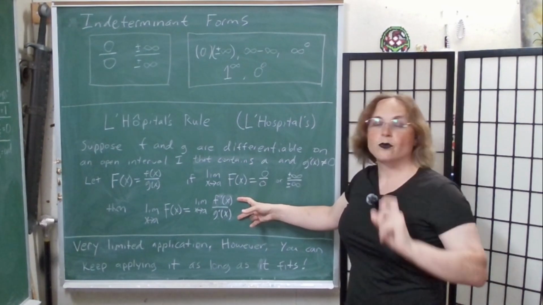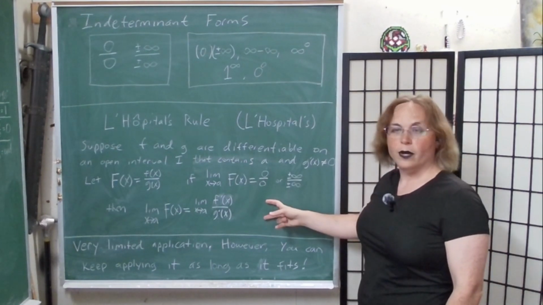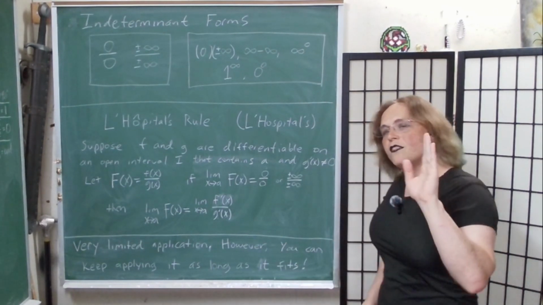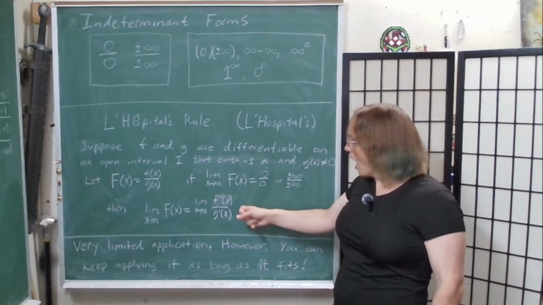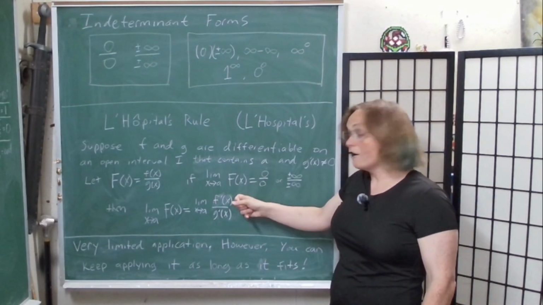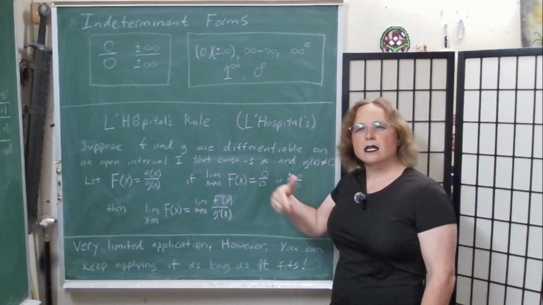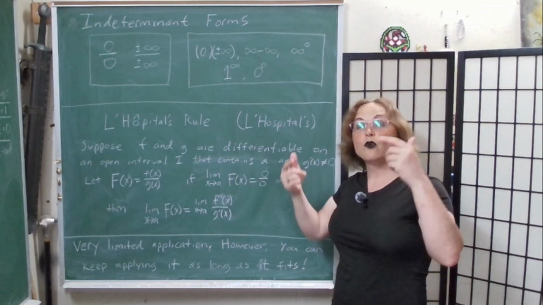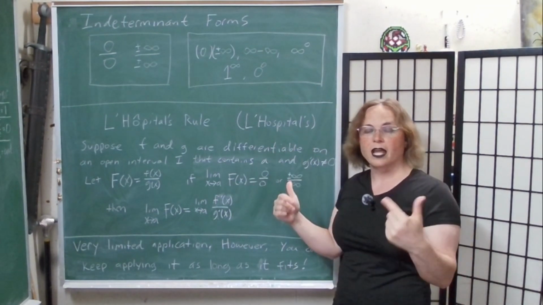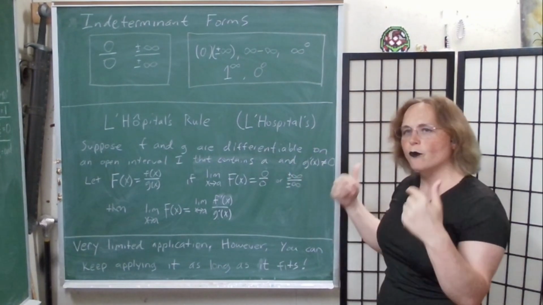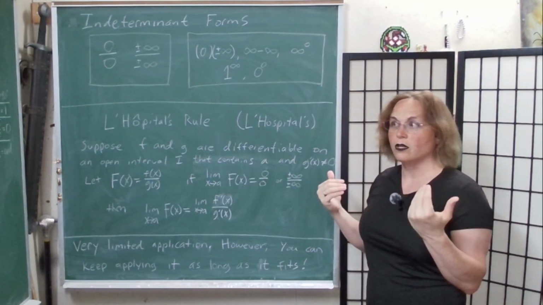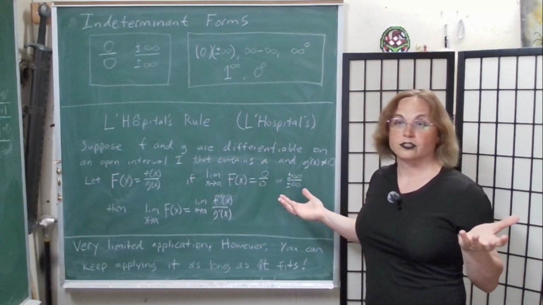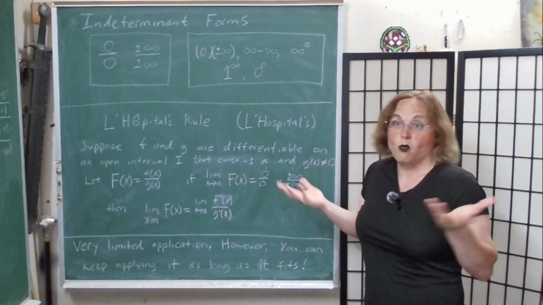We can then reapply L'Hopital's rule and go again. And remember, the advantage here is that oftentimes one of these two functions will be getting more simple as we go. Maybe one of them is a polynomial, and so its degree will be decreasing. And if you continue to take the derivative of a basic polynomial, eventually it becomes a constant function, which is just the derivative of 1.